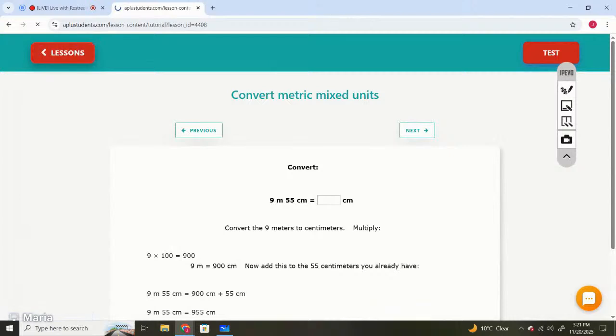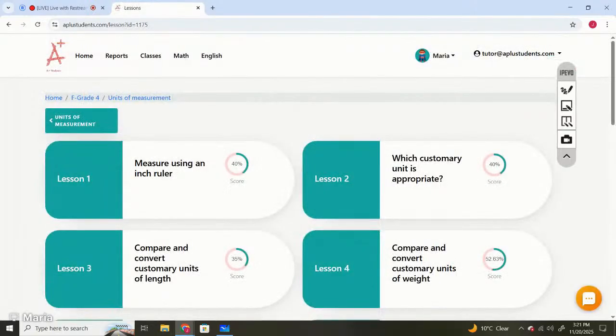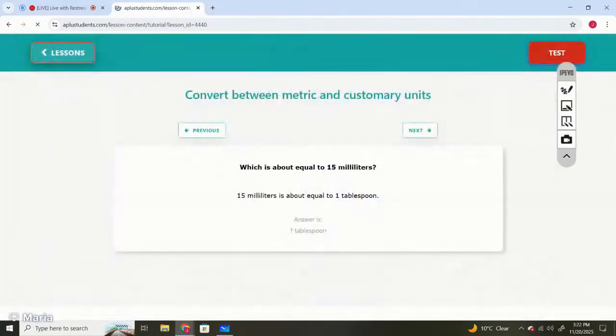The next one is convert between metric and customary units, which is about equal to 15 milliliters.